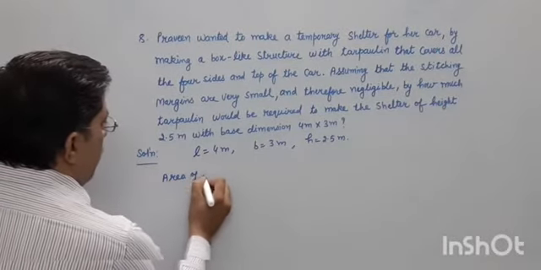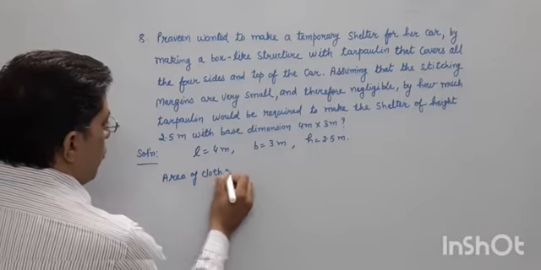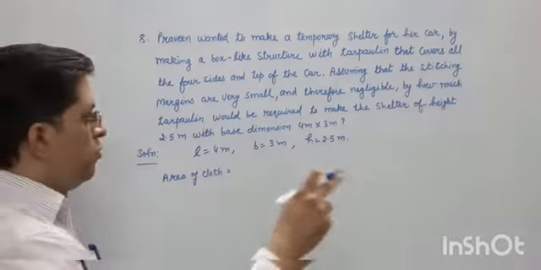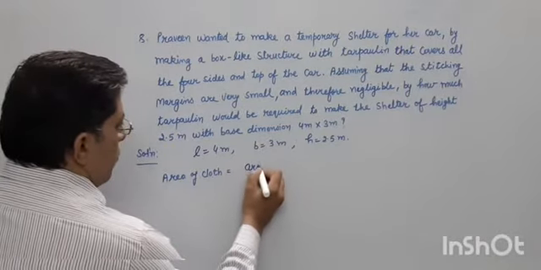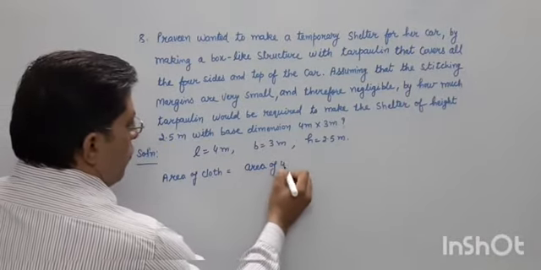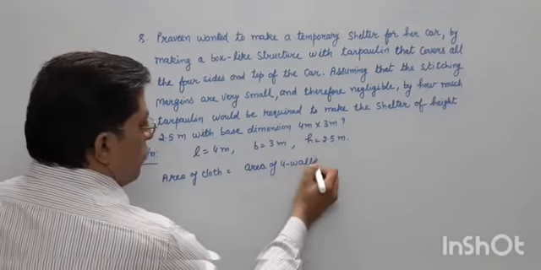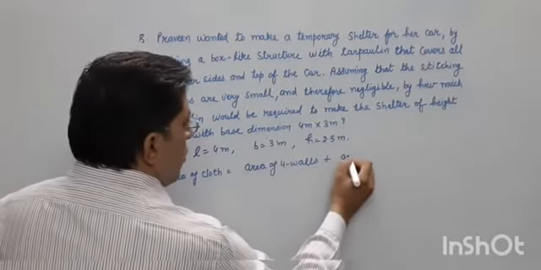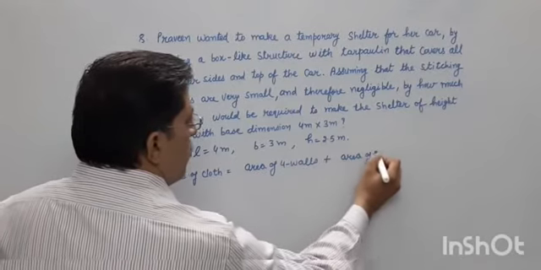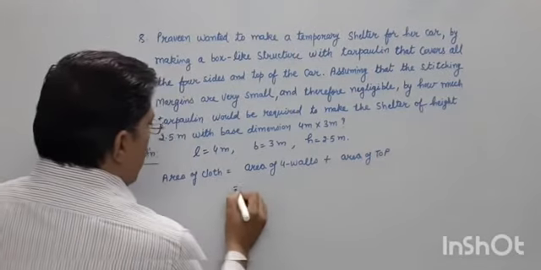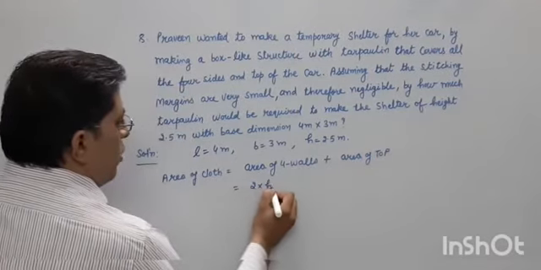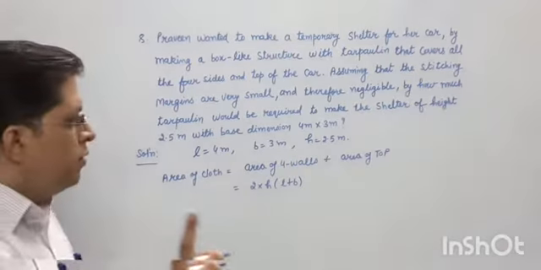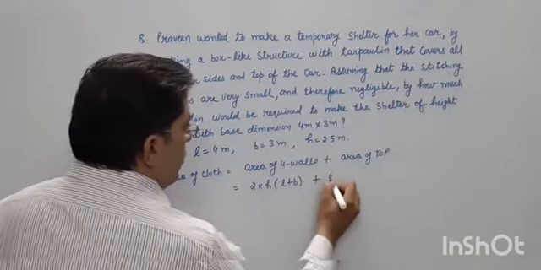Area of cloth is equal to area of 4 walls plus area of top. Area of 4 walls are 2 into h in bracket L plus B. It is clear. And what is area of top?